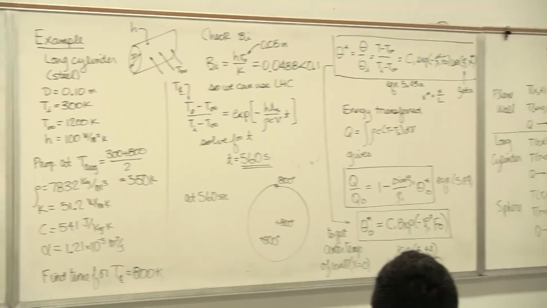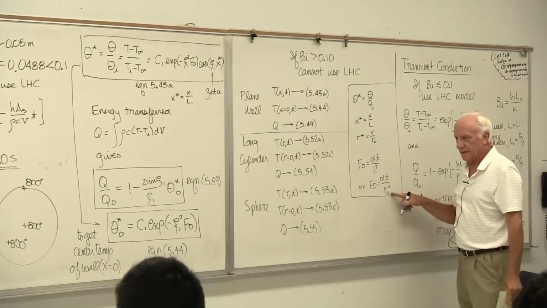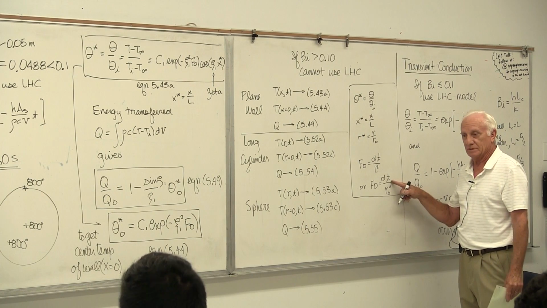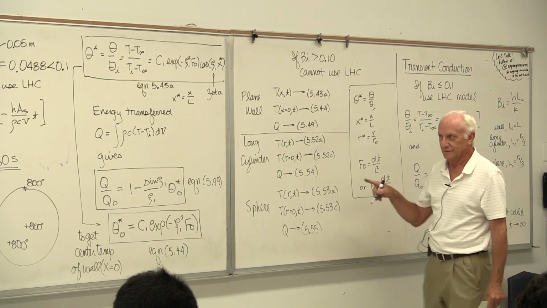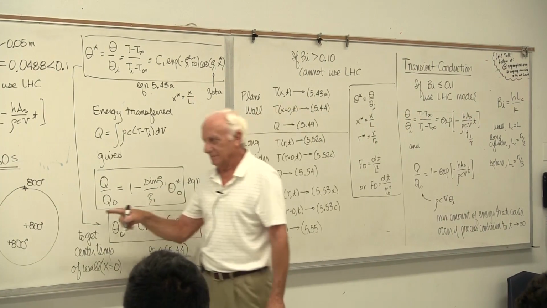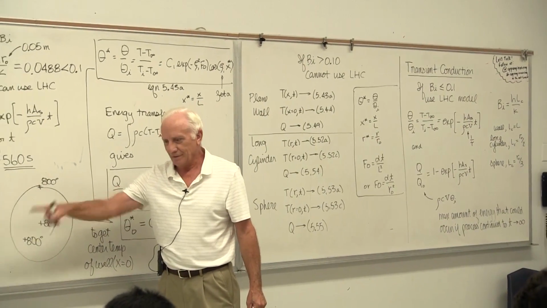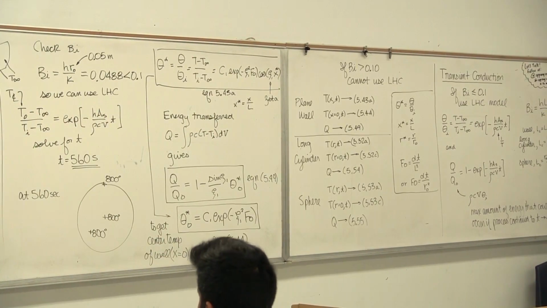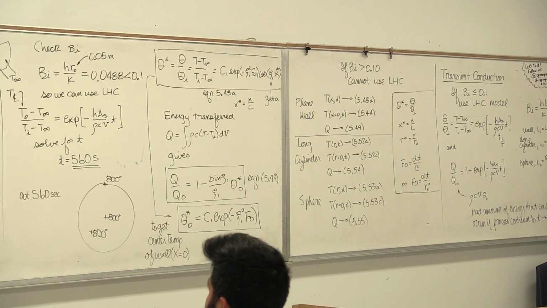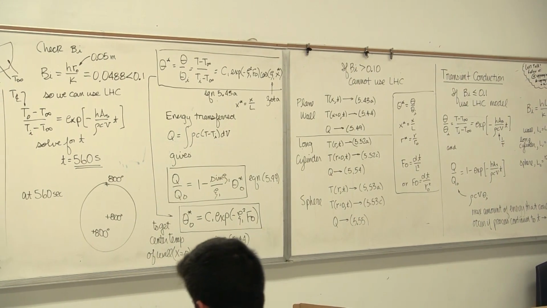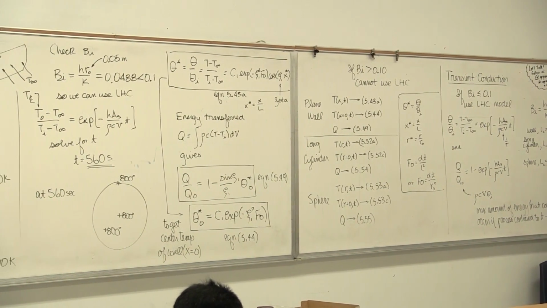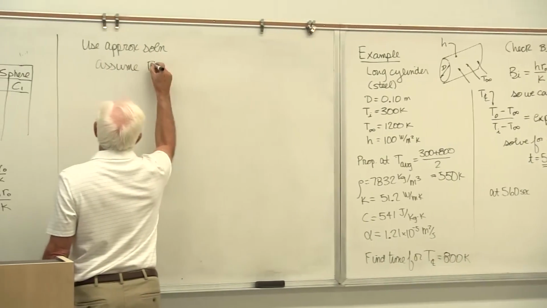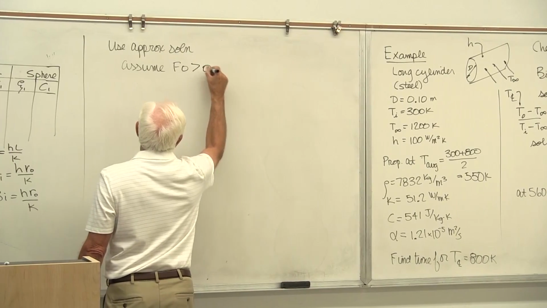Take alpha, divide by the outside radius squared, 5 centimeters, times the time. Uh-oh, I got a problem. I don't know the time. So I can't find the Fourier number first. So what do I do? I assume it's going to be greater than 0.2, and when I'm done, I check it and make sure it's greater than 0.2. I can't calculate it right now.